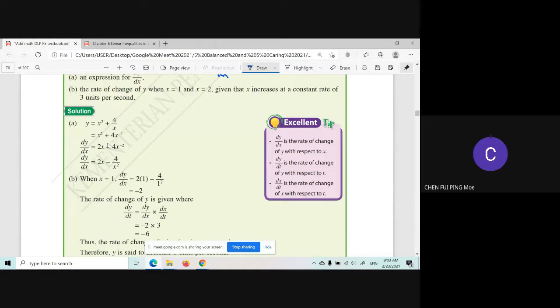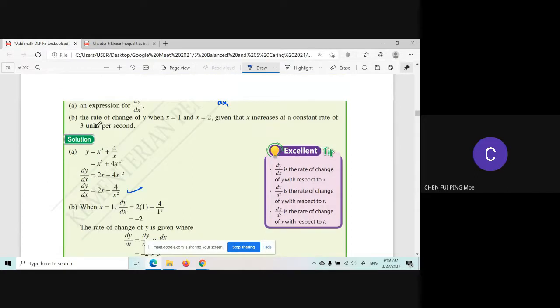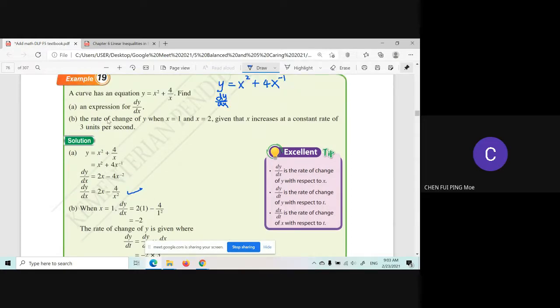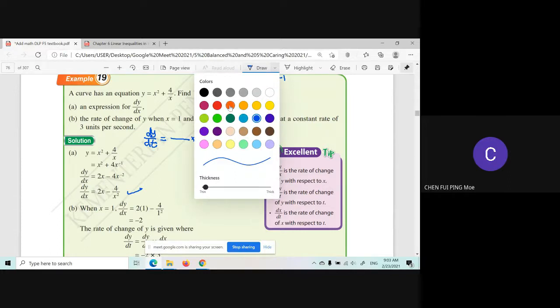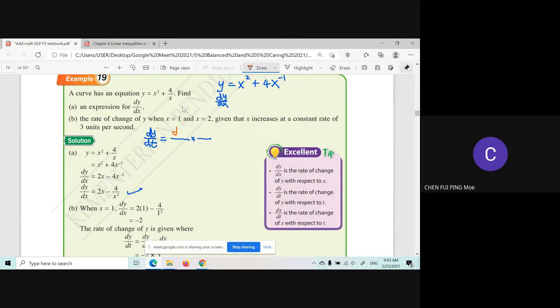Meaning that your dy dx is this. And then the question says, find the rate of change of y. So I know I need to find the y rate of change, then I need to find dy dt. So I'll build the chain rule from here. So how do I build the chain rule? Do like just now. dy, copy here, dt, copy here.